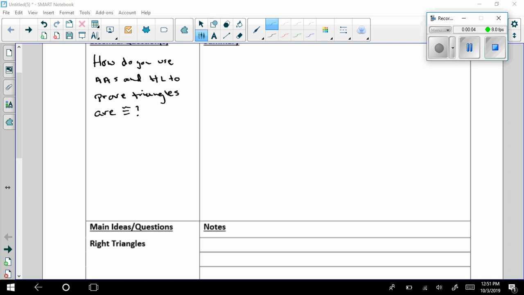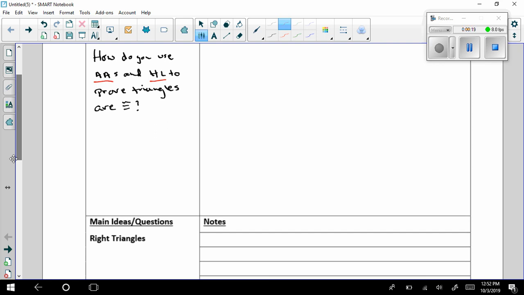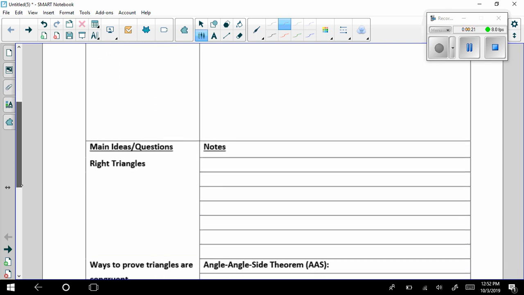Okay, looking at lesson 4.3 and 4.5, finishing it up with our last two theorems that prove triangles congruent. We have AAS and HL. And these have a lot to do with right triangles.